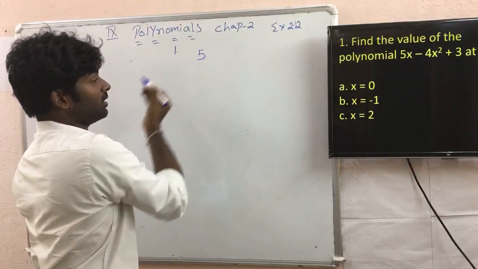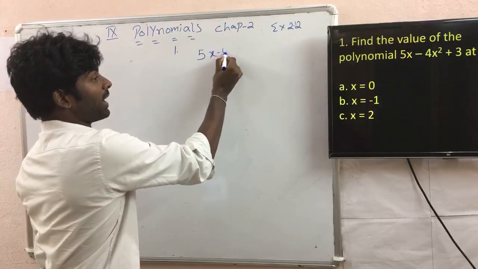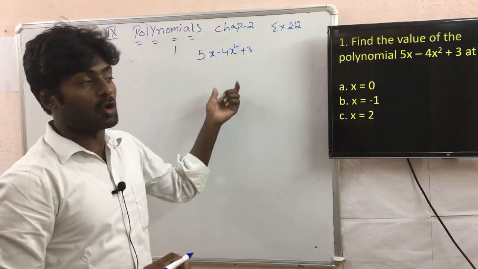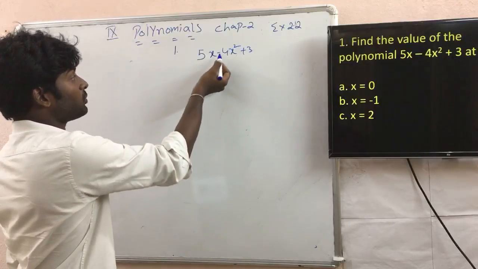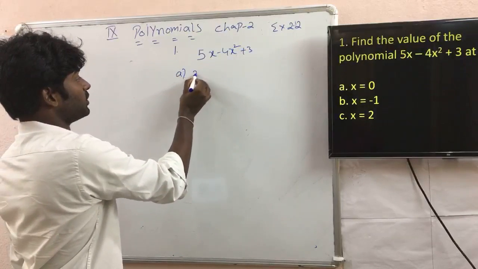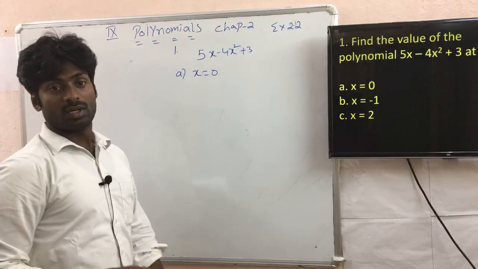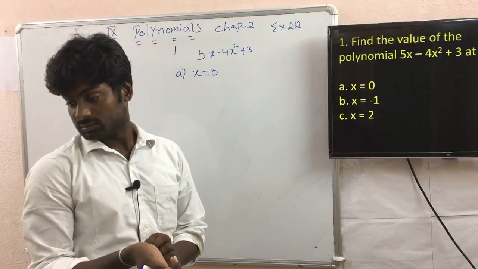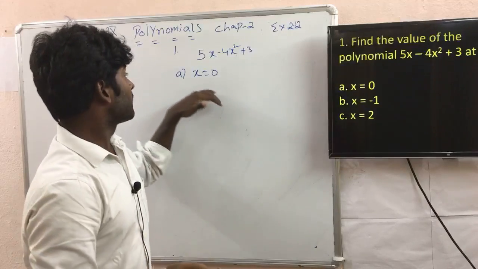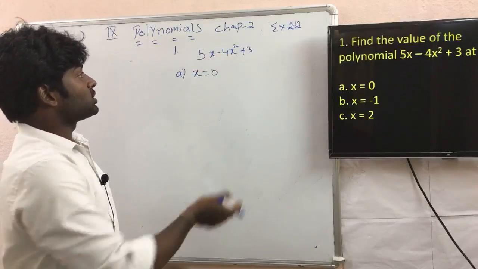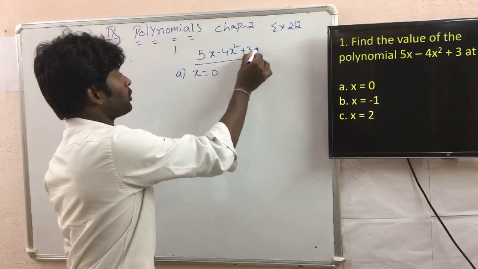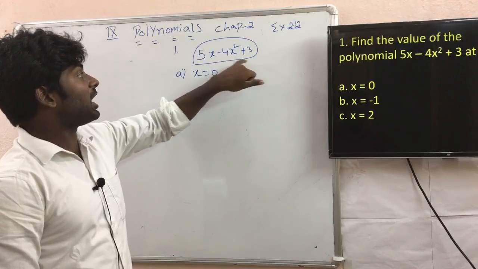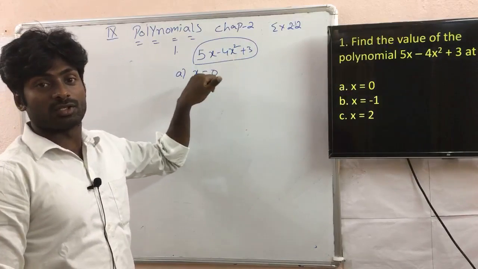He has given one polynomial, 5x minus 4x square plus 3, and is asking the value of the polynomial at x equal to 0.